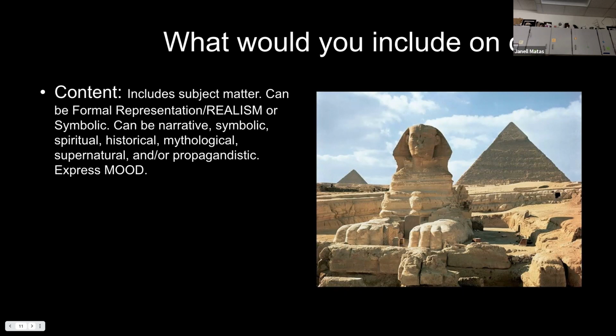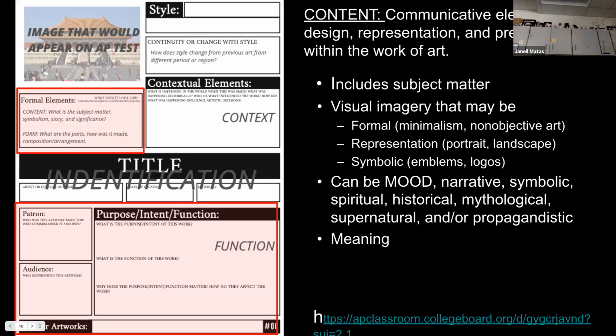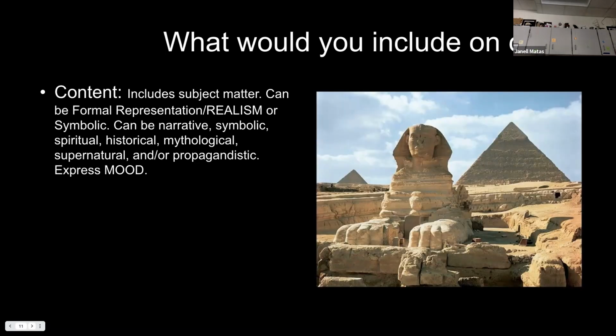Yeah. It's guarding the pyramid, right? It's a lion and a human ruler, right? And besides guardian, it also just exhibits his power, right? So that's going to be the content. That could be the symbolism, the mood, right? It's meaning, as well as what you actually see.